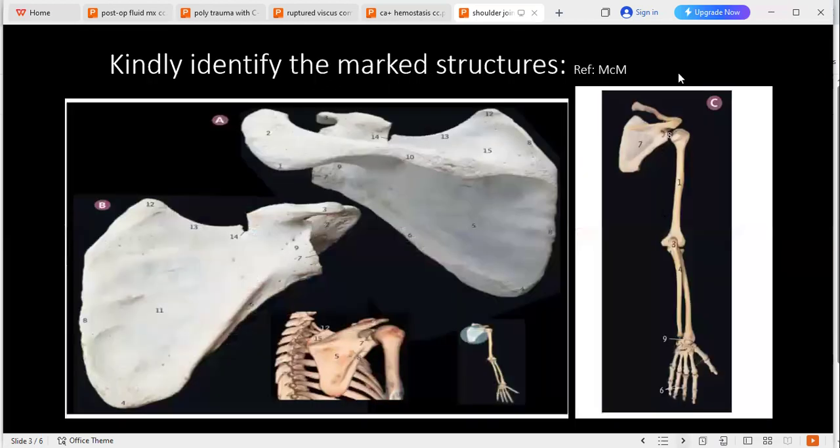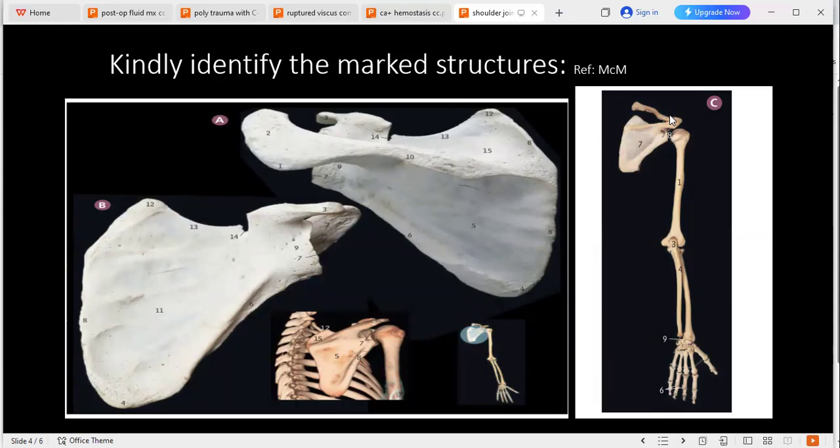What are you looking at here in picture C? I'm looking at the bones, and what you are talking about is the shoulder joint. All right, good. Please tell me how the shoulder joint is formed.